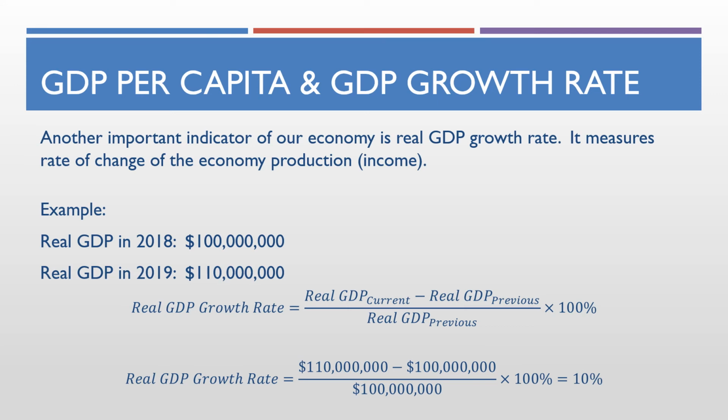So we use $110 million minus $100 million, divided by the previous period, which is $100 million, and multiply by 100%. This results in 10% growth in this particular country. That also indicates the economy actually produced 10% more goods and services for people to purchase or enjoy.